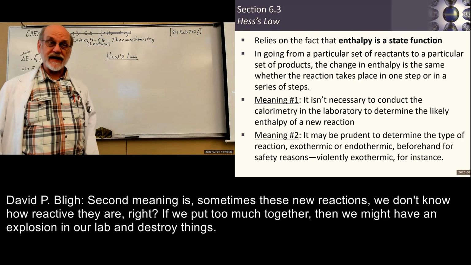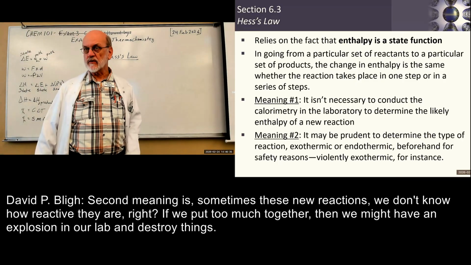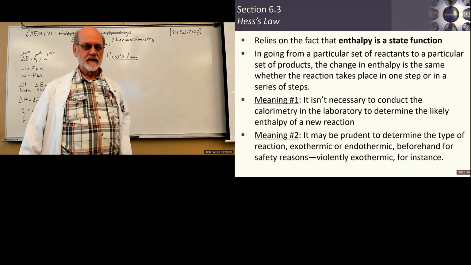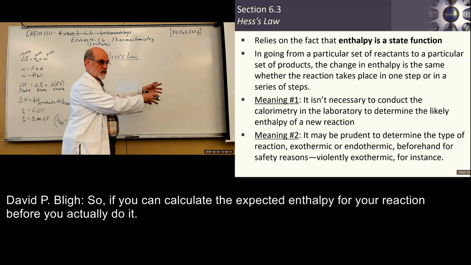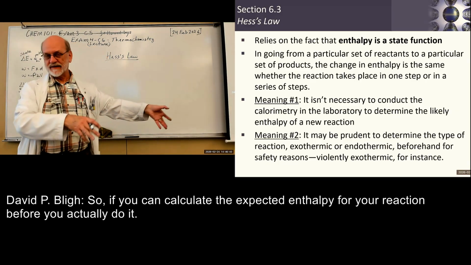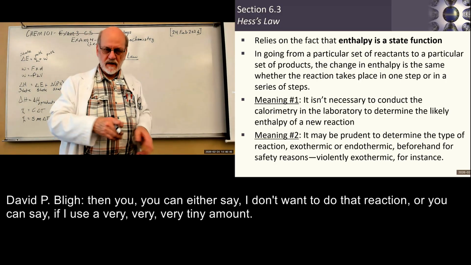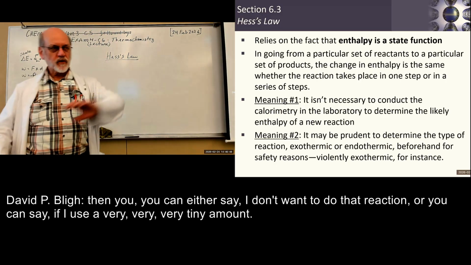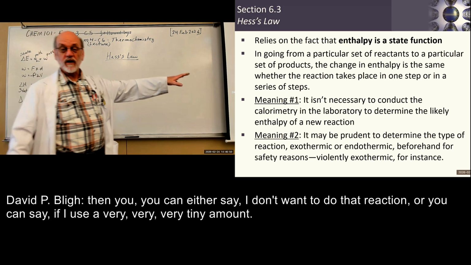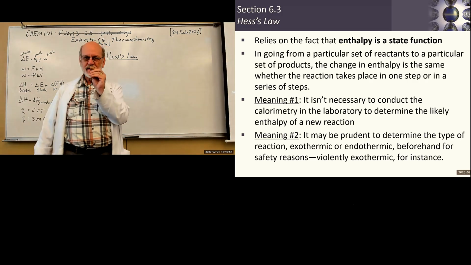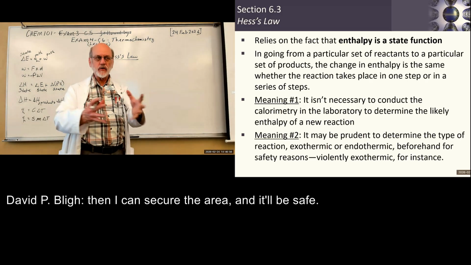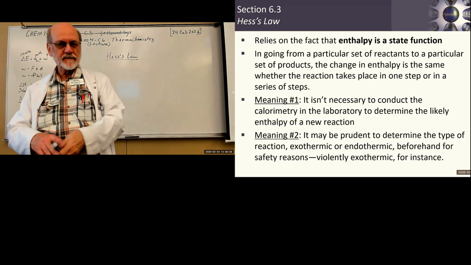If we put too much together, then we might have an explosion in our lab and destroy things. So if you can calculate the expected enthalpy for your reaction before you actually do it, then you can either say, I don't want to do that reaction, or you can say, if I use a very, very tiny amount, then I can secure the area and it'll be safe.